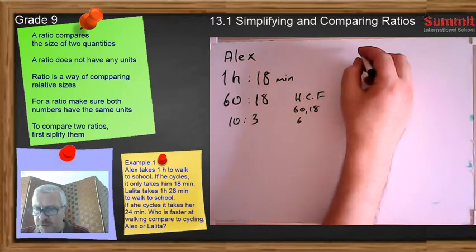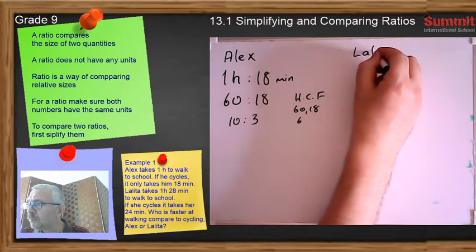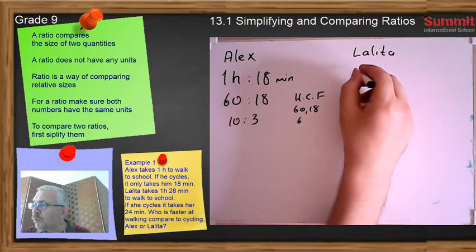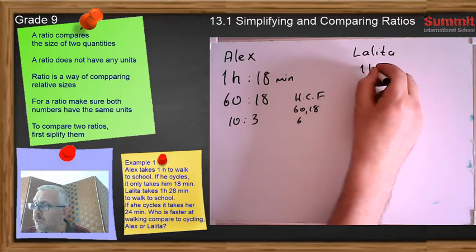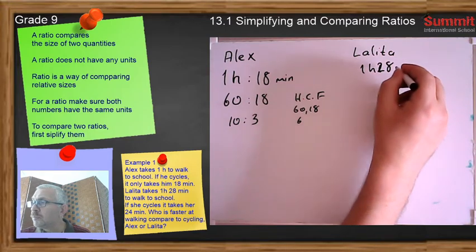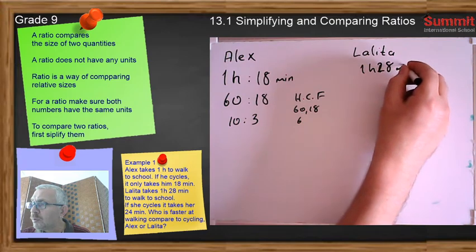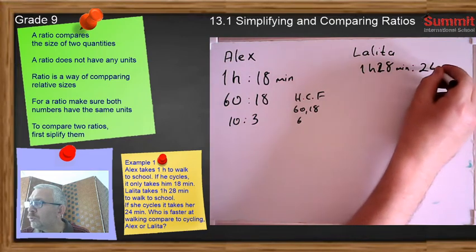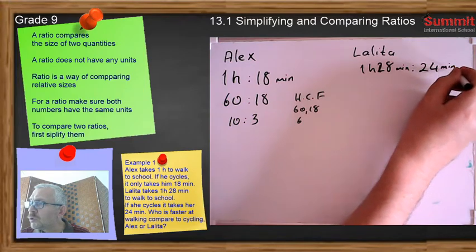Now let's find Lolita's. She walks 1 hour and 28 minutes, and she cycles 24 minutes to school.